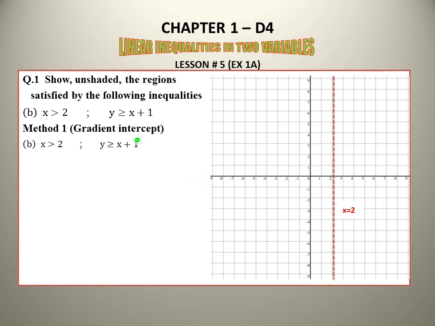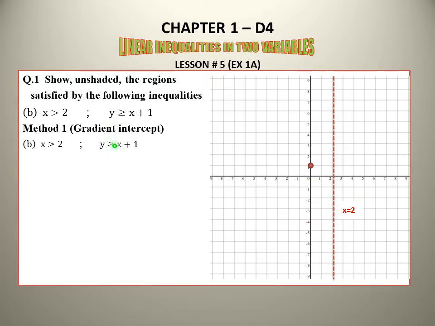Now to draw the graph of the associated equation of this inequality, which will be a line, we will use the y-intercept. Y-intercept of this equation is 1. So we will place a dot at 1. Now we will see its gradient. Its gradient is 1.